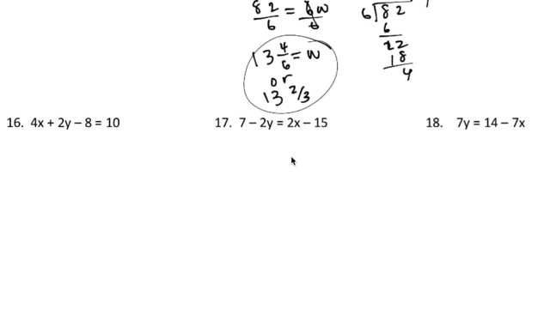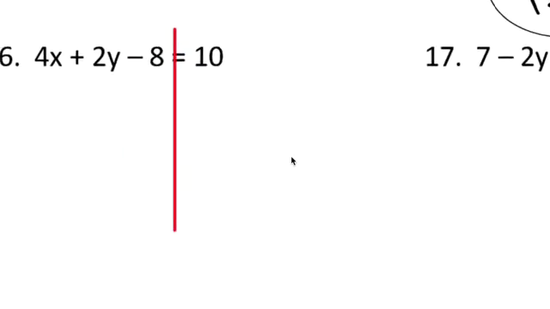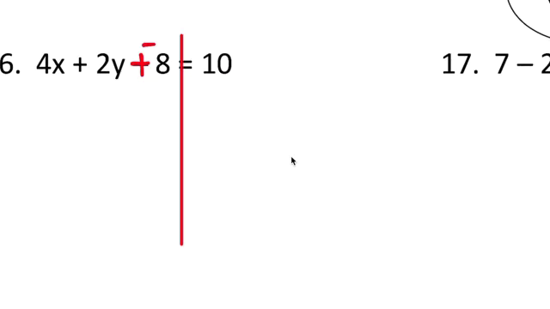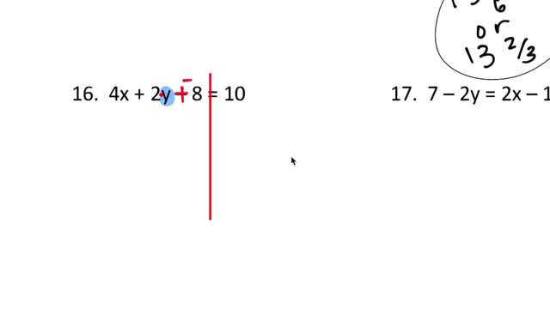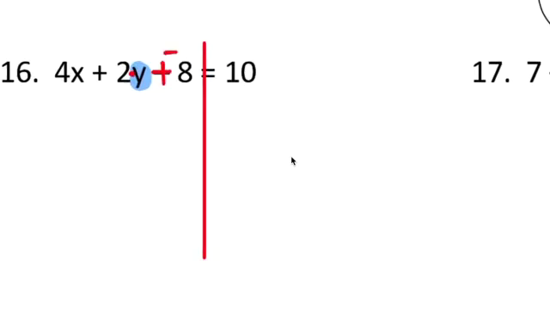Oh, and solve for y for these. Solve for the letter y for 16, 17 into slope-intercept form. Okay, so what you do is make 0 first because there's a plus. We're solving for y. This is 2 times y, so you're going to divide everything by 2 last. Add 8, add 8.